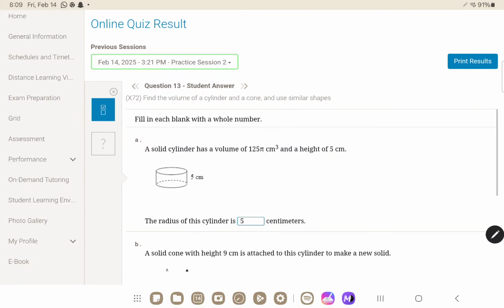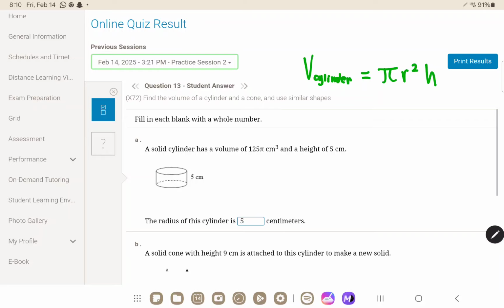Next question, it's telling us that the solid cylinder has a volume of 125 pi centimeters cubed and a height of 5 centimeters. The radius of the cylinder is... First we need to know the formula for the volume of a cylinder. Volume of cylinder is equal to pi r squared times height.